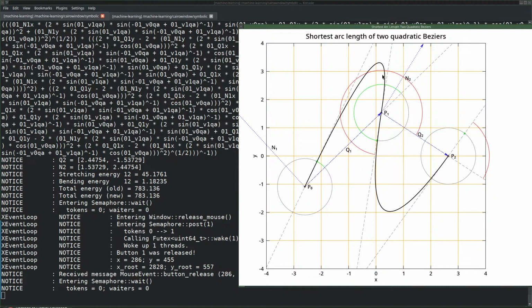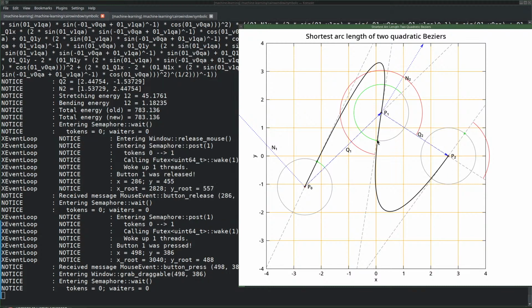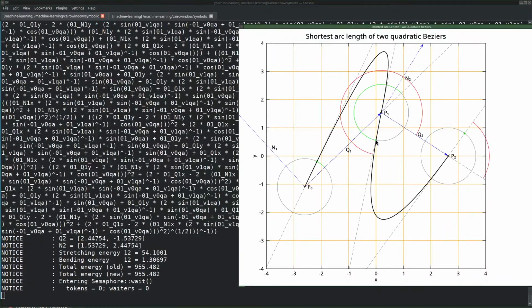So in terms of this angle, is this the optimum between bending energy and stretching energy? Not a straight line. But the total energy is for both curves at the same time. So if I change this one, then both curves are changed.